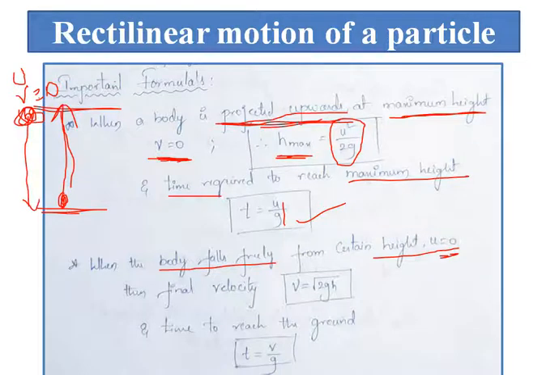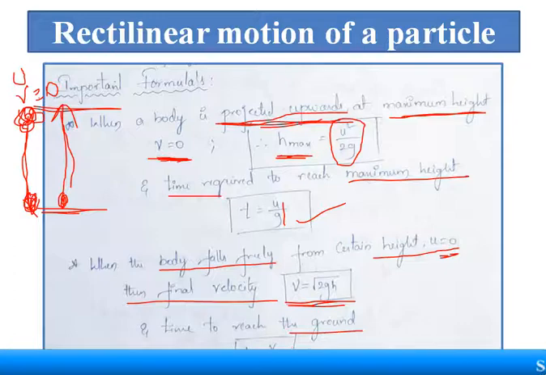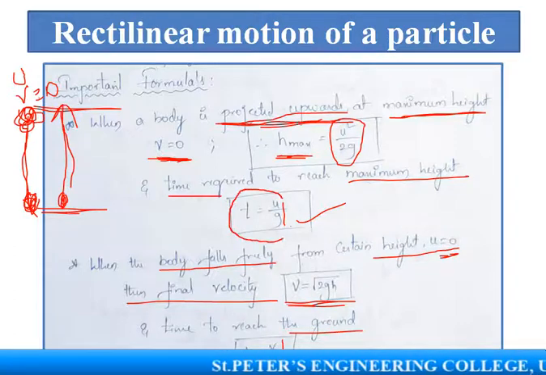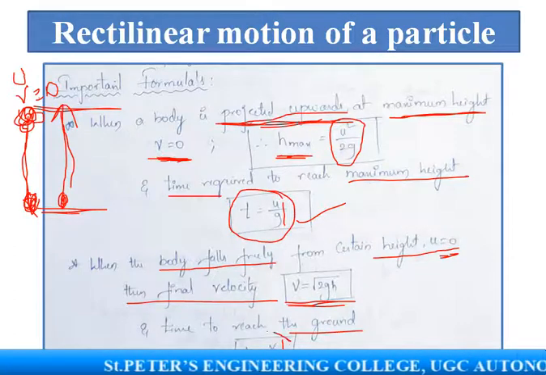What's your final velocity at this particular point when it is falling freely? This is your equation: velocity is equal to square root of 2gh. And the time to reach the ground, from here to here, is v by g. That means the velocity divided by gravity.